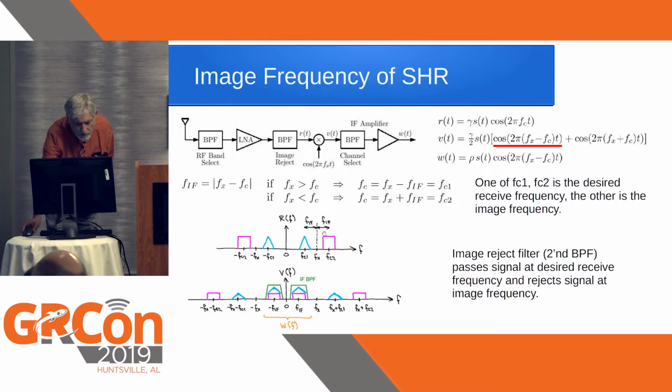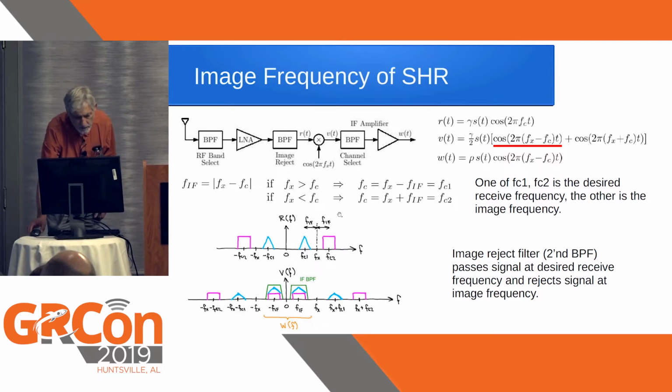And so that produces this whole spectrum here shifted to the left, this whole spectrum shifted to the right, so it adds up at the low frequencies, and you also get a term at 2 times the frequency, or at the sum actually of the frequencies, which is out here and out here.